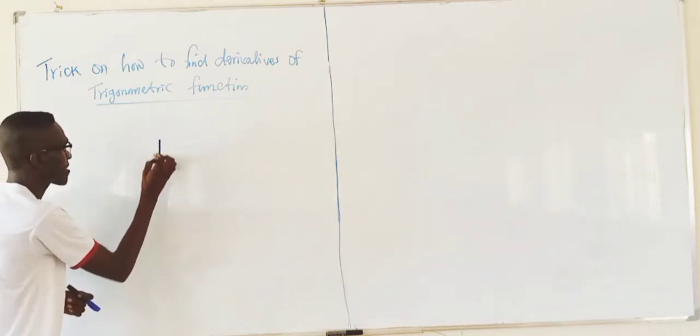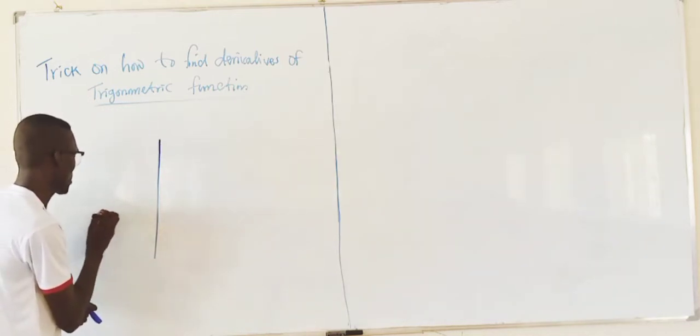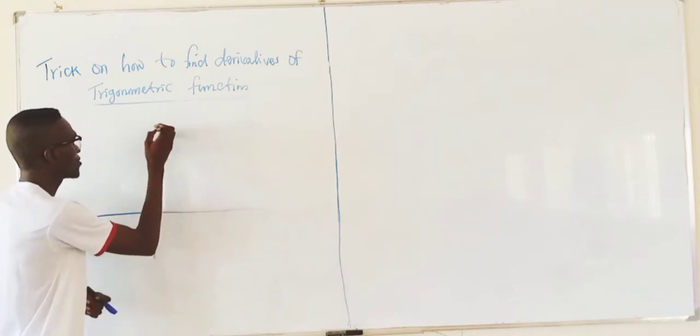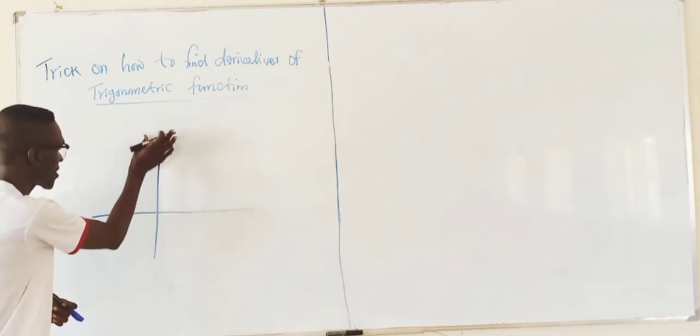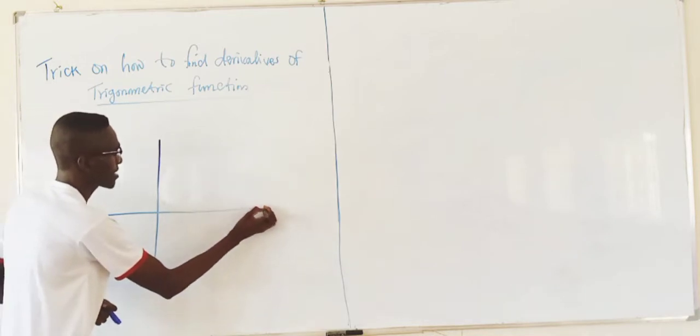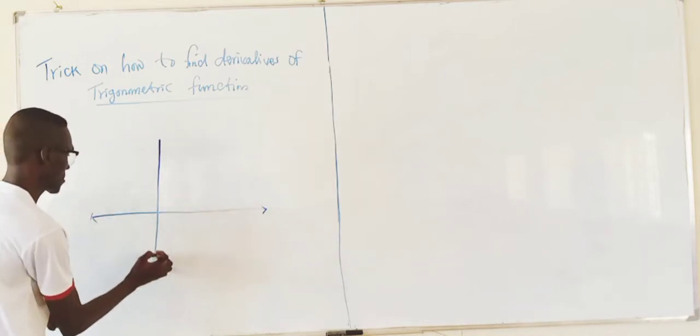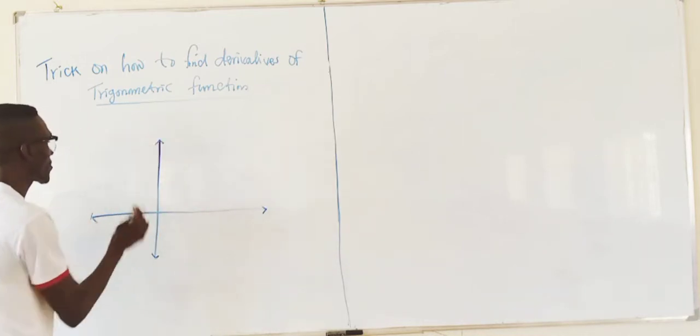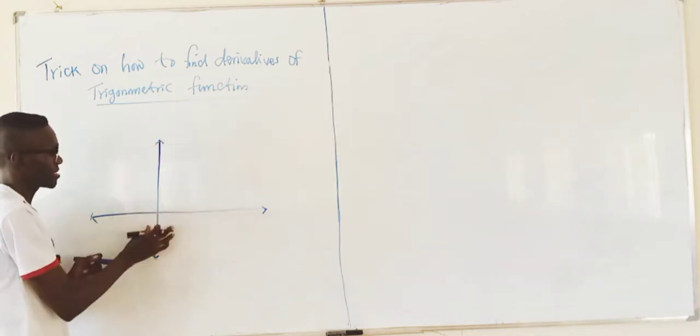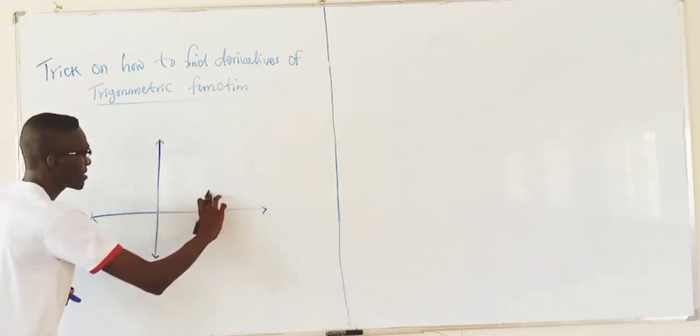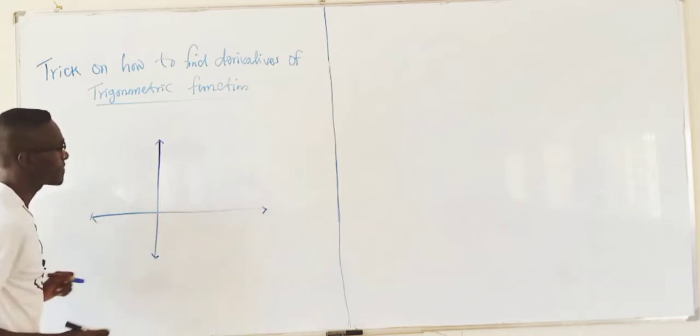I'm sure we are all familiar with our xy plane. We all know this is our y-axis, this is our x-axis, right? So this is the positive y-axis, negative y-axis, positive x-axis, and the negative x-axis.